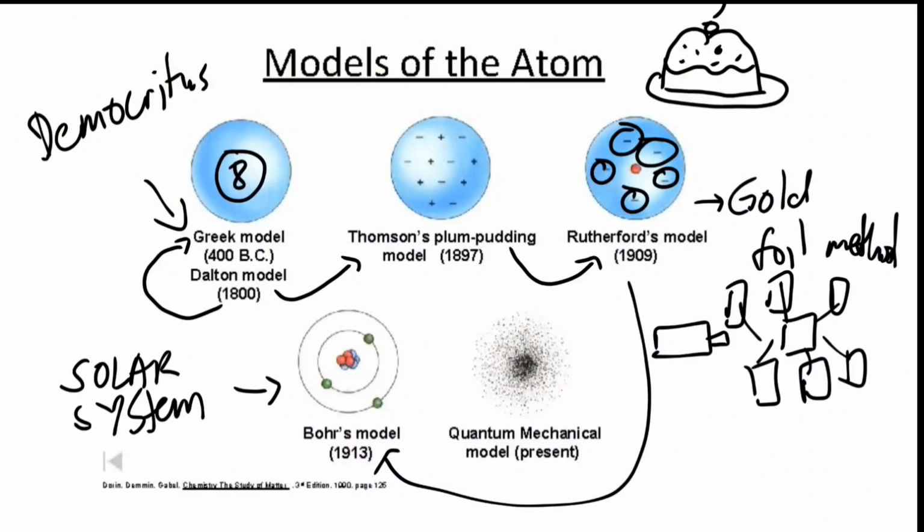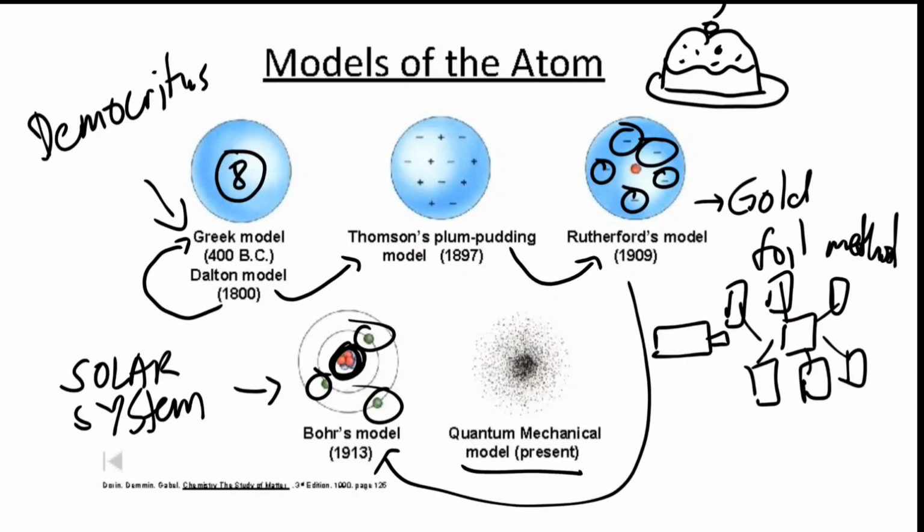Bohr believed that the center is the sun, which contains protons and neutrons. The surrounding planets, according to him, serve as the electrons that are orbiting around the atom.